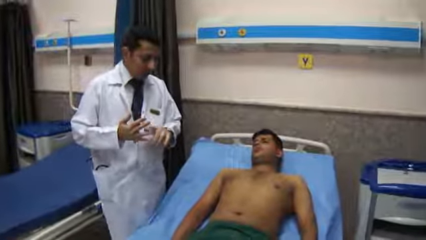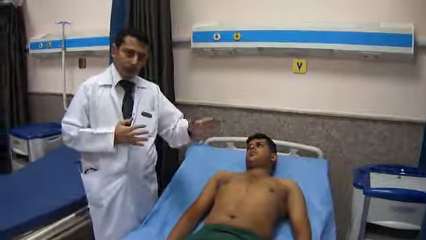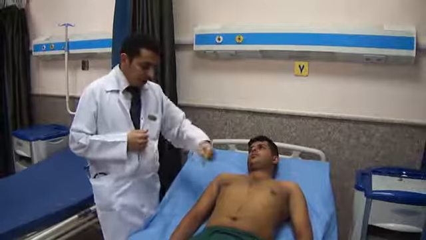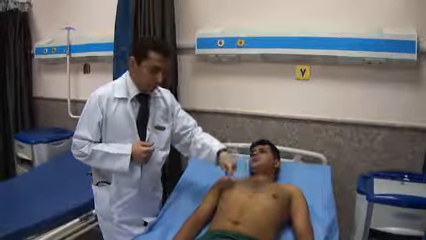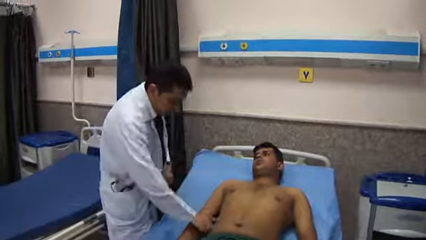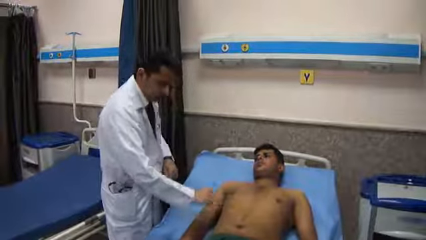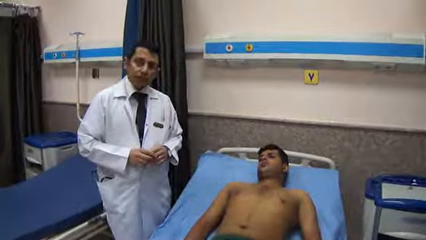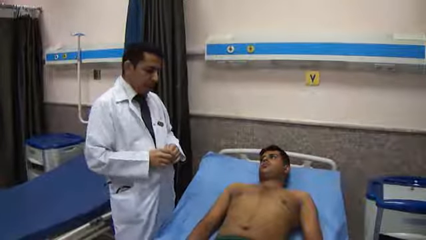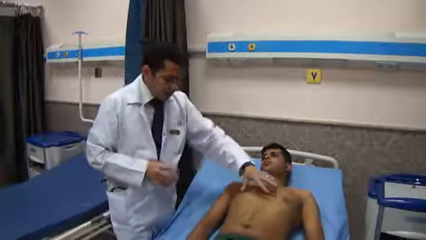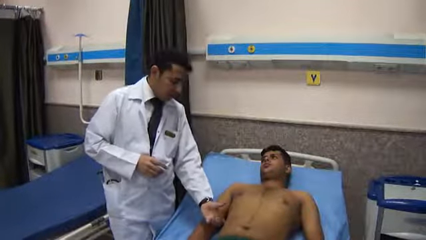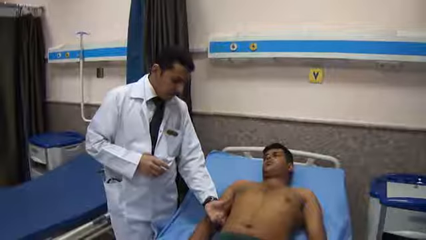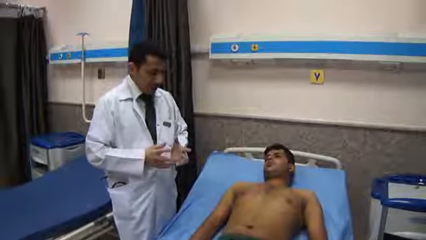This is one. Second, it is elliptical in cross section, with the transverse diameter more than the antero-posterior diameter at a ratio of 7 to 5 cm. That's to say, each 7 cm in the transverse diameter corresponds to 5 cm of the AP diameter.